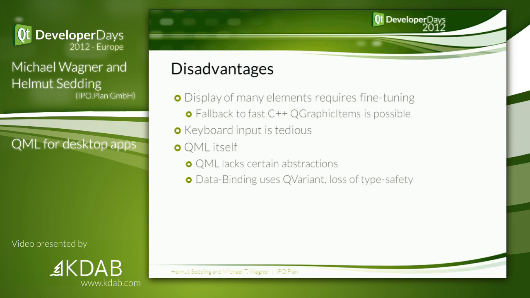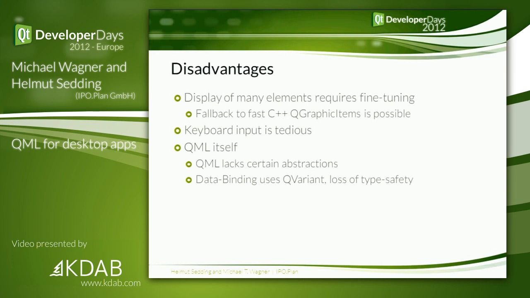Yeah, but sometimes you get the disadvantage that you need to fall back to C++ because of some fine-tuning which is not possible in QML. For example, if you have lots of elements that are almost the same, I cannot reference them, like you're used to in 3D scene graphs.